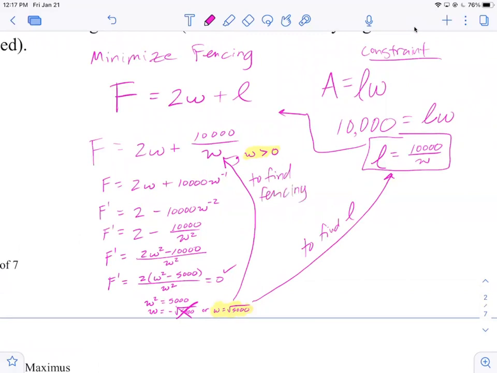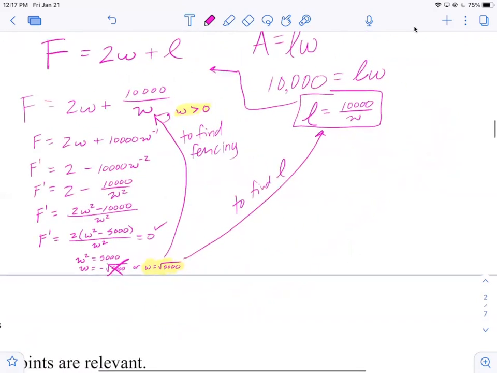Now, you could find L first and then use L to find the fencing in the original equation, but you don't necessarily need to. From that single value, I can go in several directions depending on what it's asking. It's asking me to find the fencing, so I'm going to plug it in over here. All right.